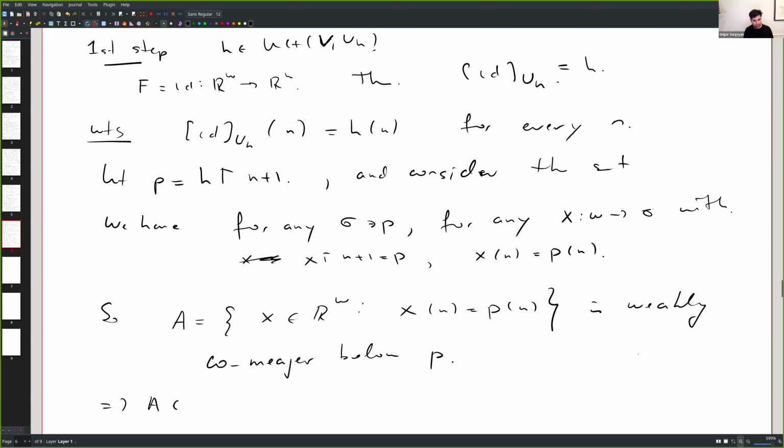This means that A is in UH, which means that the identity function is going to give us Hn. So the identity UHn is equal to Pn, which is actually Hn. So it's the identity function that's going to give us H.